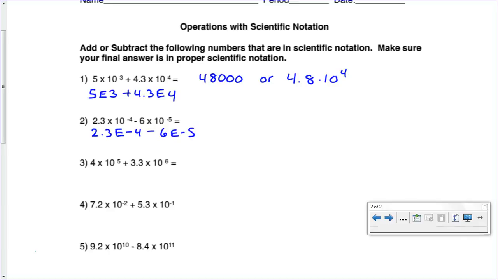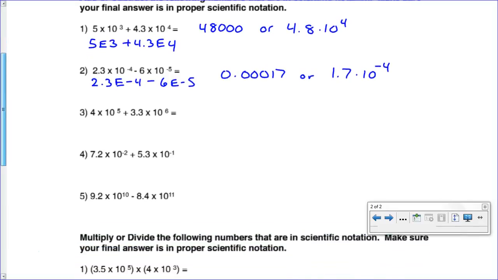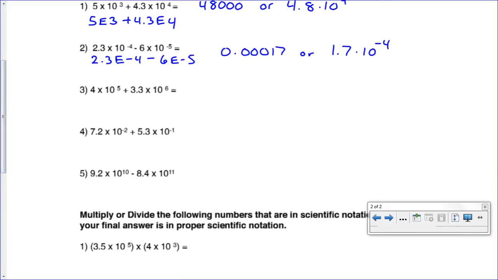You put that in your calculator, you should get 0.00017, or you could rewrite this as 1.7 times 10 to the negative fourth. I'm going to fill in quickly the rest of these addition subtraction answers and then move down below. Again, just double check your solutions, make sure you're putting these in right, and then come ask me if you need any more help.